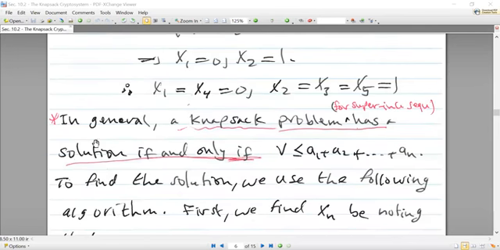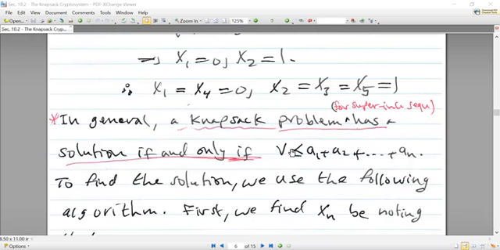So in general, to give a general algorithm for solving a knapsack problem for a super increasing sequence, first of all, we have a solution if and only if V is less than or equal to a1 + a2 + ... + an.